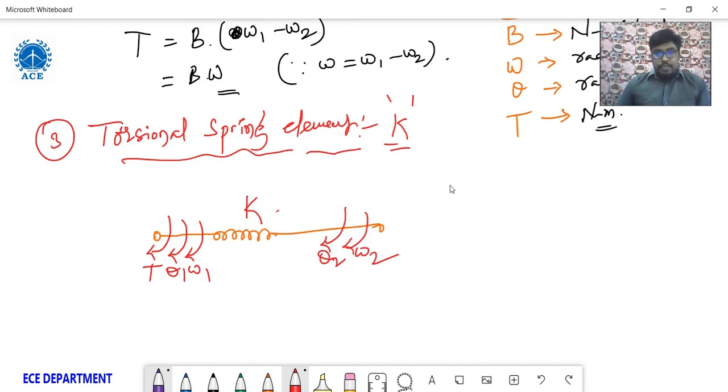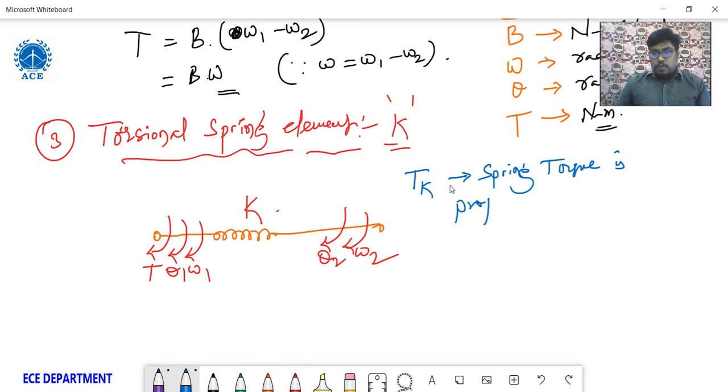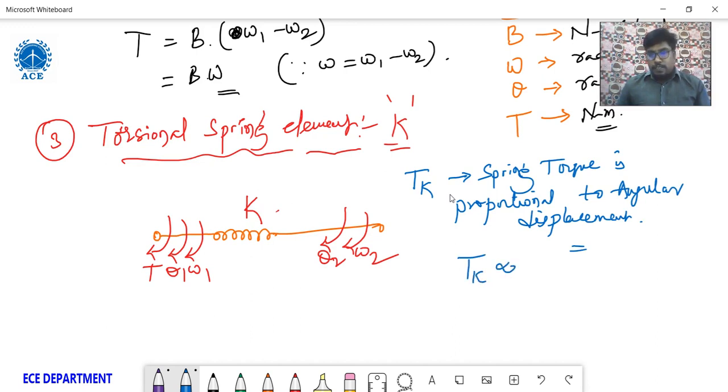You can say that I will write here Tk, that is spring torque, torsional spring torque, is proportional to angular displacement. So if I write, Tk is directly proportional to theta.